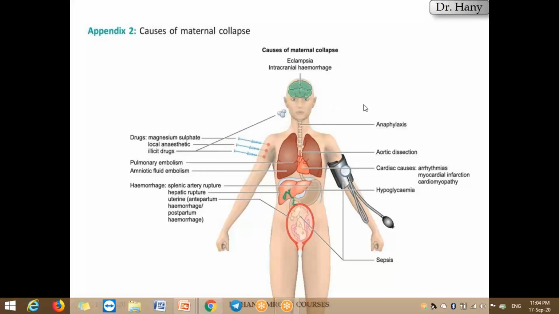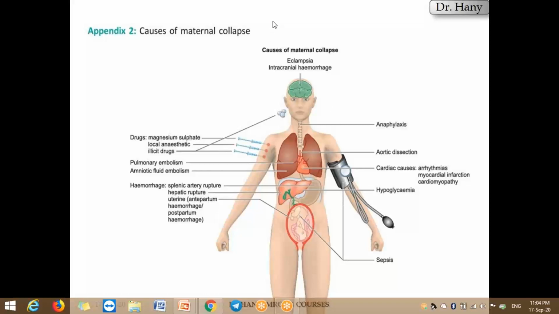The most common cause of collapse is epilepsy, not hemorrhage. See the details of the guideline again. It was a mistake in the old guideline and they removed it in the new guideline, because I read the specific details a long time ago. Review the guideline again, you will find what I am saying.